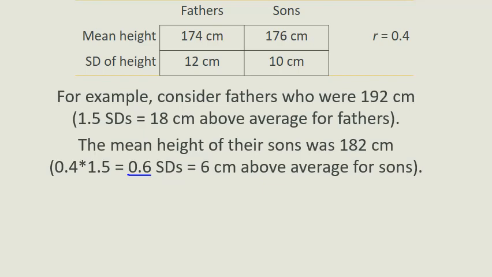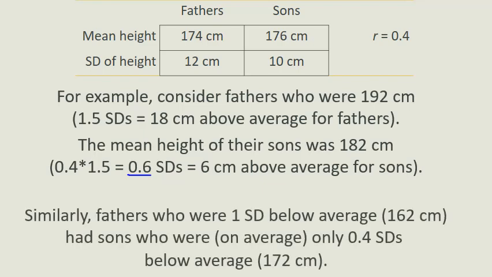But now we must use the average and SD for sons' height, so 0.6 SDs above average is equal to 182 centimeters. Let's try another example. Fathers who were 162 centimeters tall were 1 SD below average for fathers.